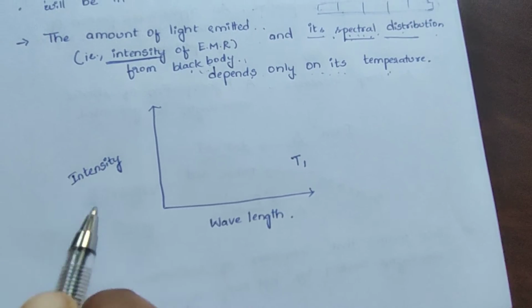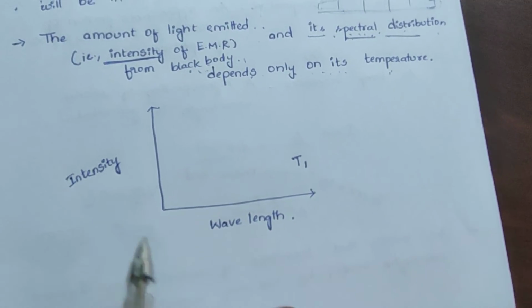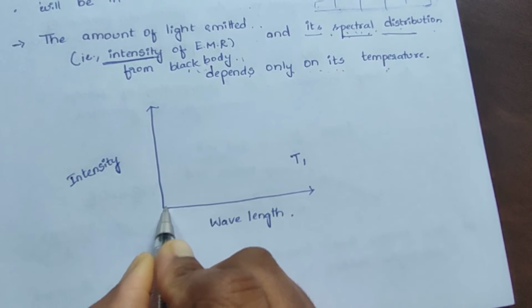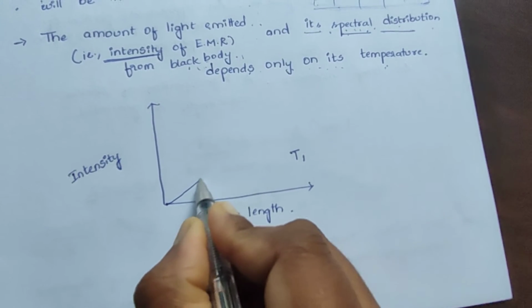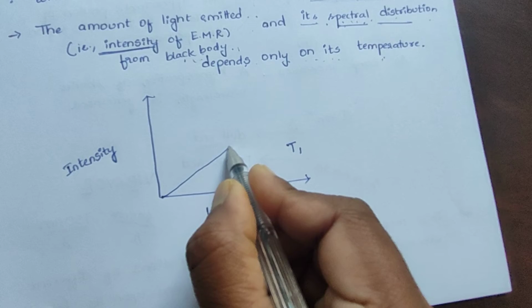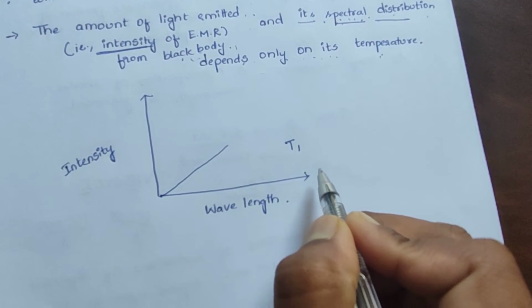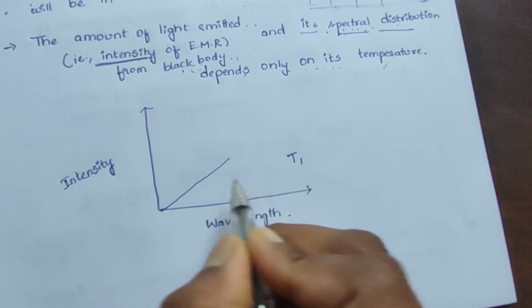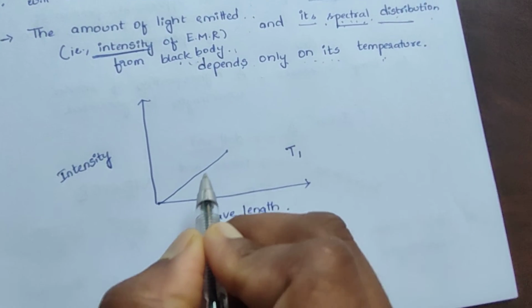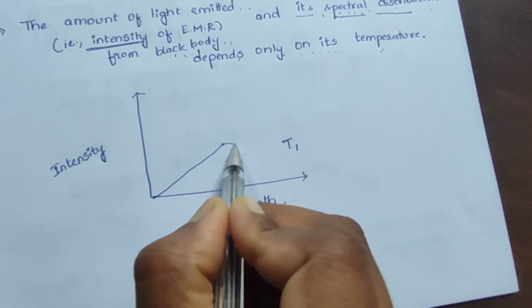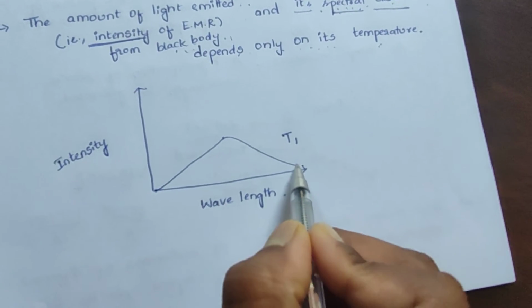Okay, at a given temperature, first the intensity of radiation emitted increases with increase in wavelength, and then reaches a maximum value. Then it decreases with increase in wavelength.